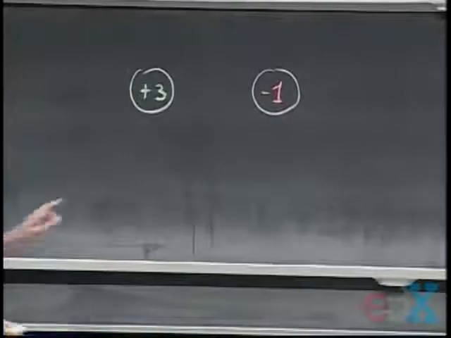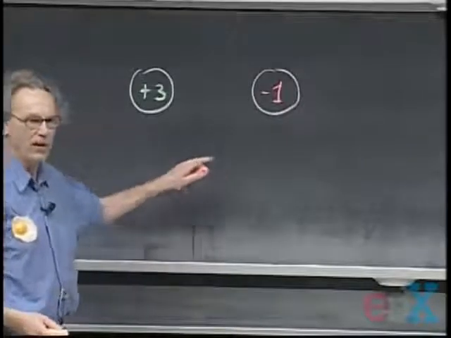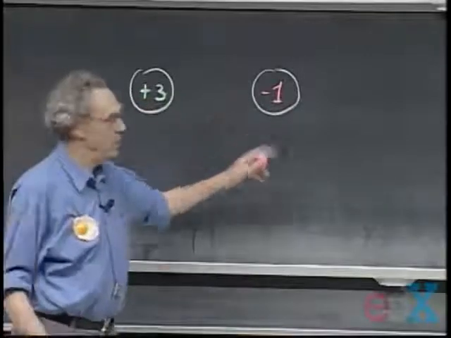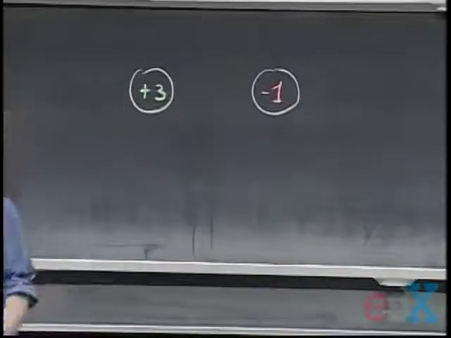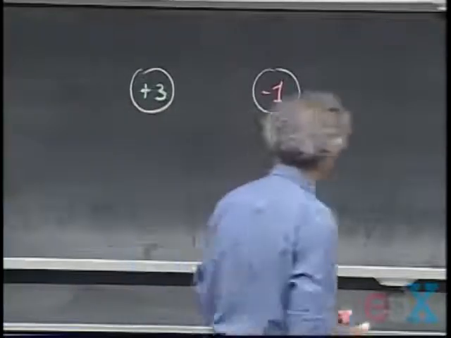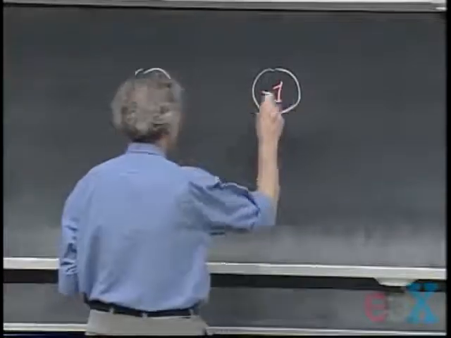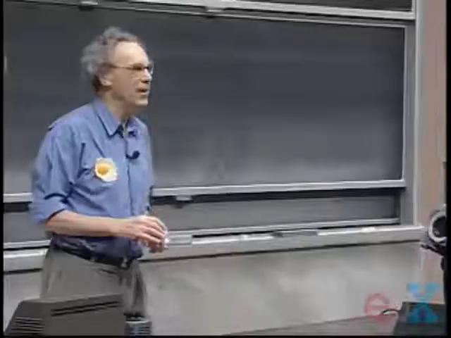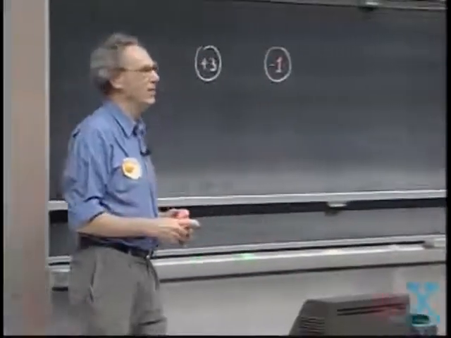You can go to any particular point, you get an E vector which is going away from the plus 3, you get one that goes to minus 1, and you have to vectorially add the two. If you're very close to minus 1, it's very clear because of the inverse R square relationship that the minus 1 is probably going to win.